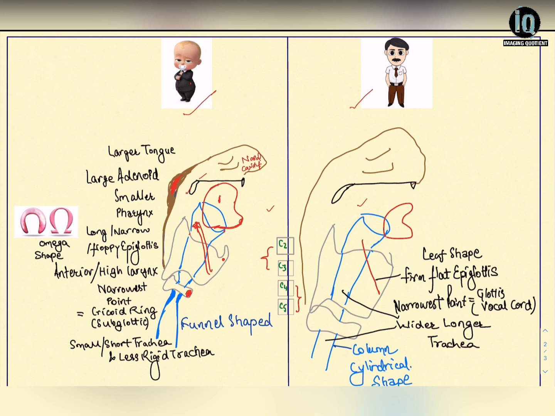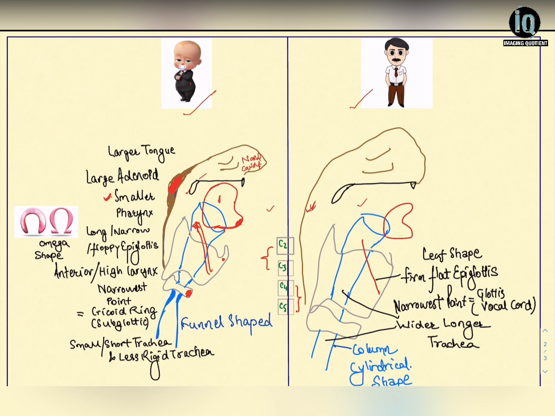So coming to the various differences one by one, in children, the tongue is larger in size, out of proportion to the oral cavity size. Secondly, the adenoids are large in children. Also, the pharynx is small as compared to the adult pharynx.